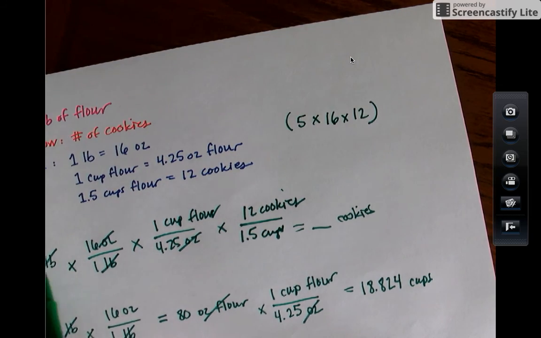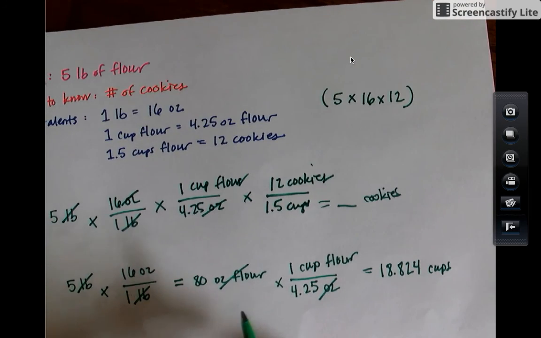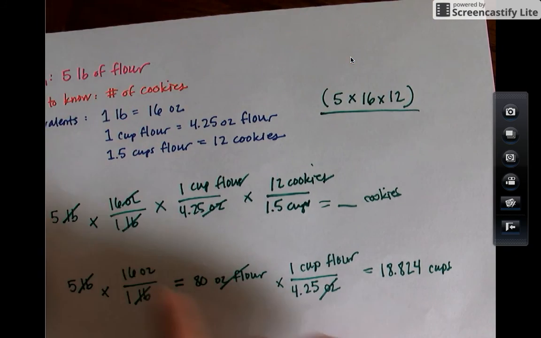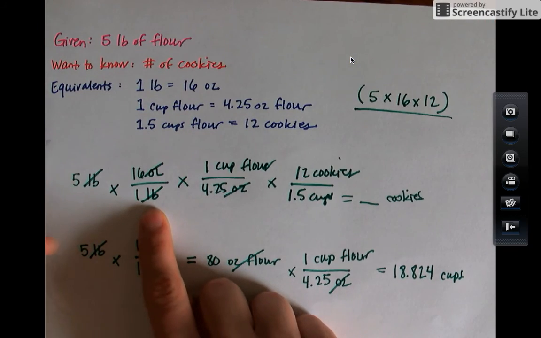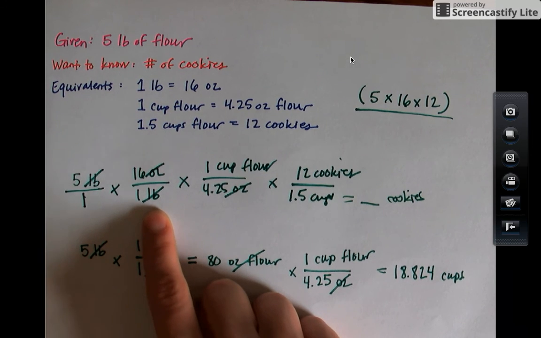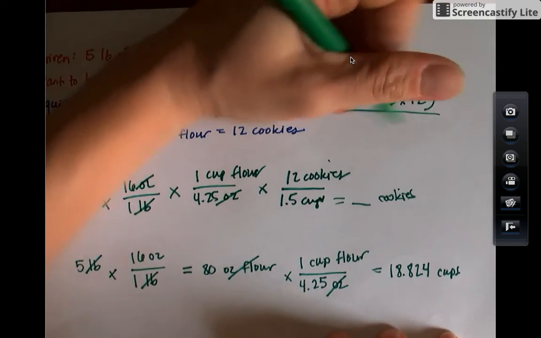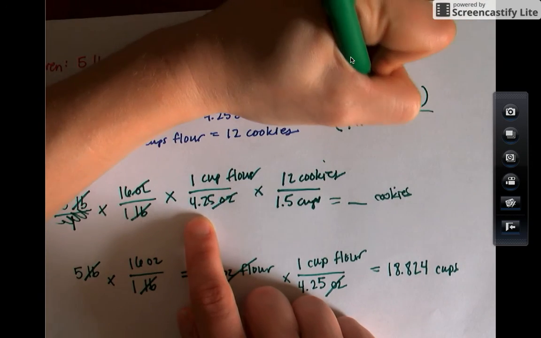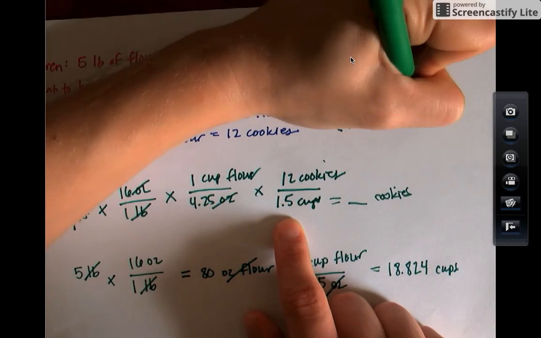That's from the top of the fraction. And I can then put all of that over everything that's on the bottom here. And this is on the top because that's just 5 over 1, but we don't need to have that there. So the bottom would have 1 times 4.25 times 1.5.